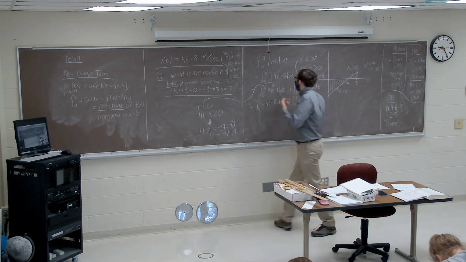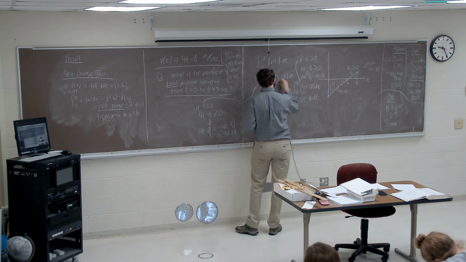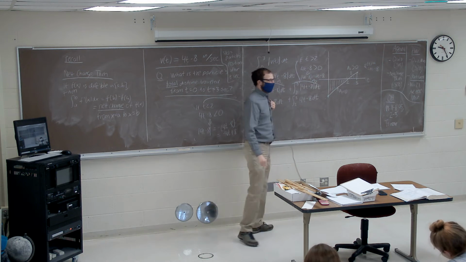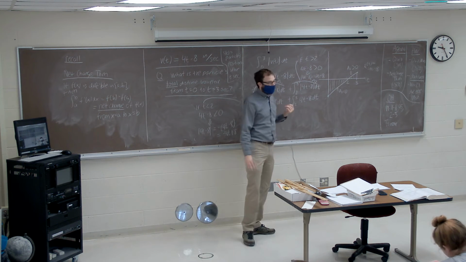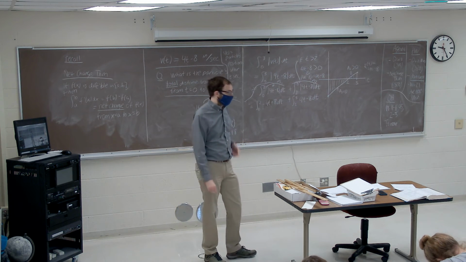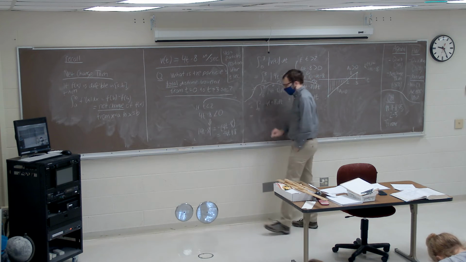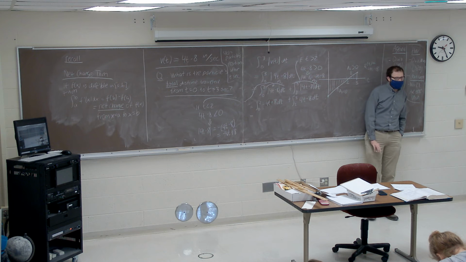By breaking up our area into two separate regions like this, we get two separate integrals that'll add up to something positive in the end. And to do that, I think we'll need to do each of these integrals separately.